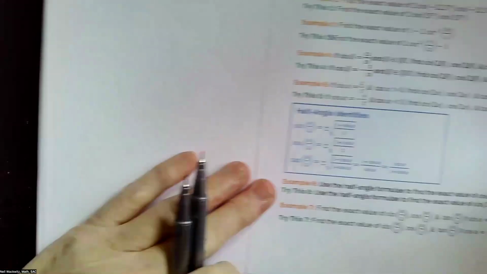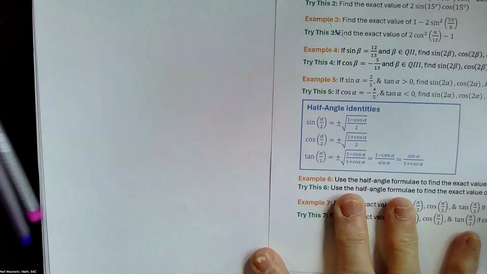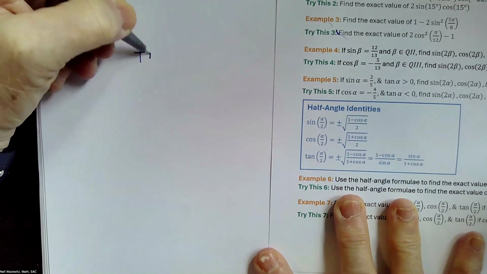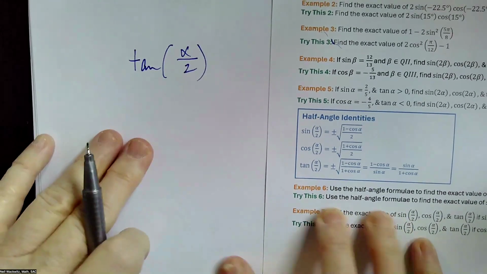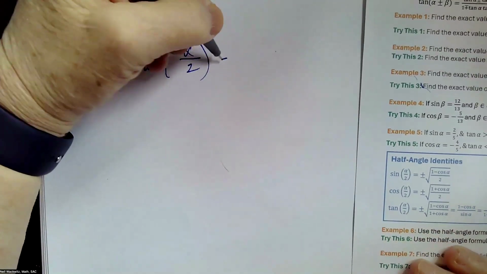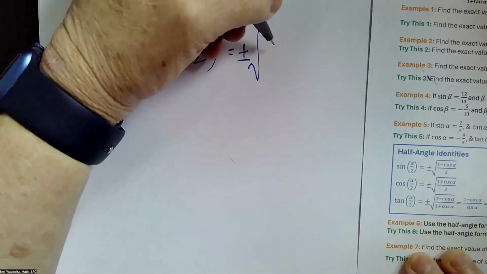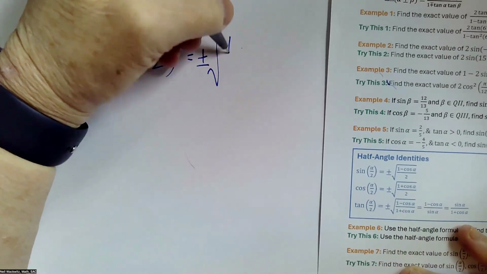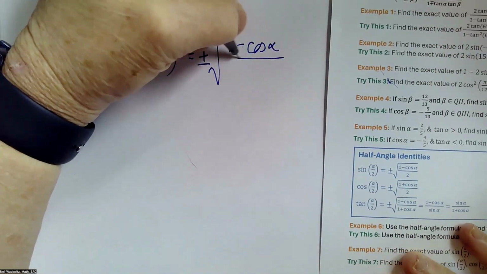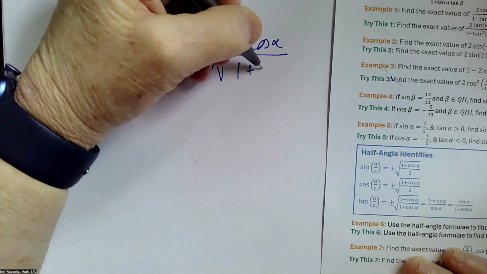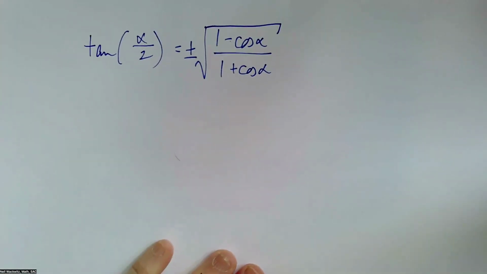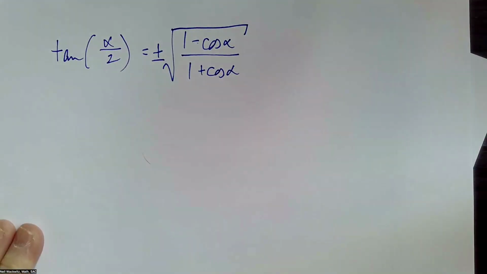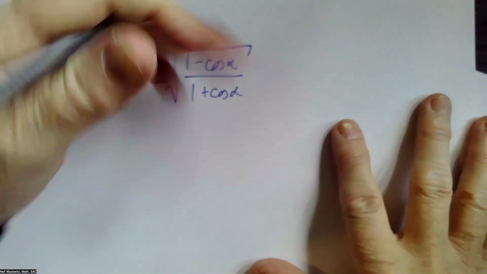So we have that the tangent of alpha over 2, let's just use this first formula, plus or minus the square root of 1 minus cosine alpha divided by 1 plus cosine alpha. And to rationalize either one, it helps to see the square root written.